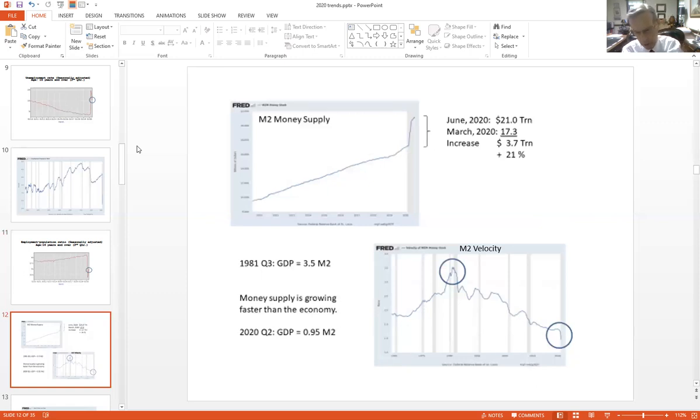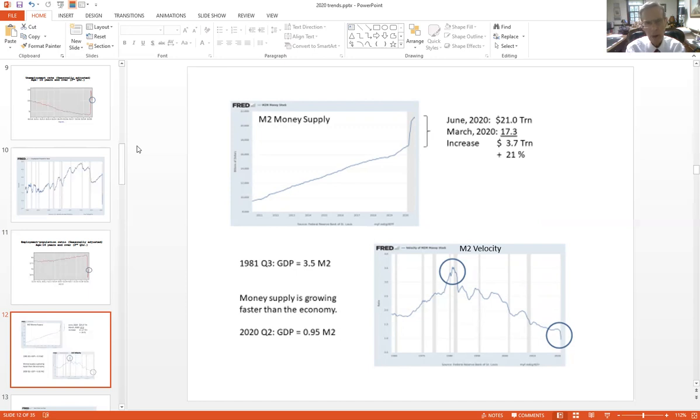Here are a couple of exhibits that show what the government has done to respond to the coronavirus-induced recession. And you will see that some $3.7 trillion was injected into the economy during the 3 months between March and June.